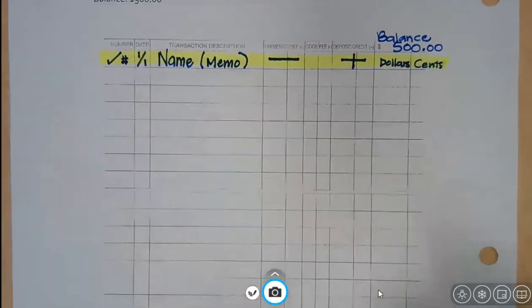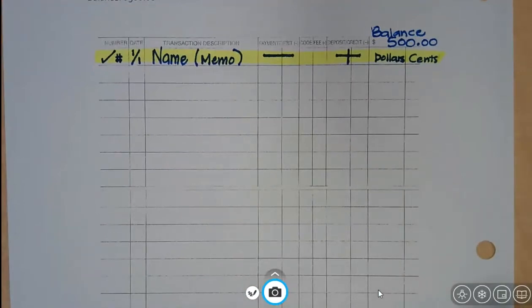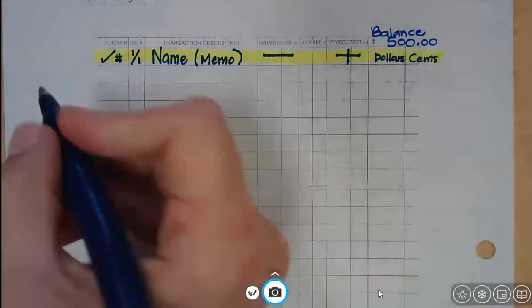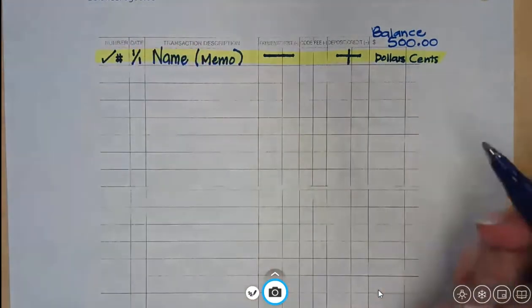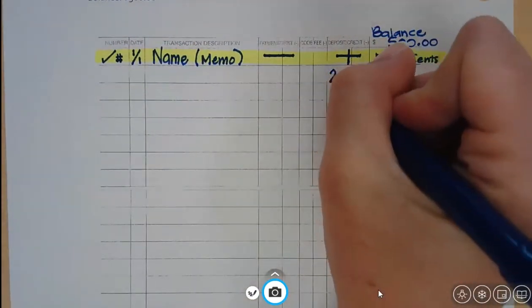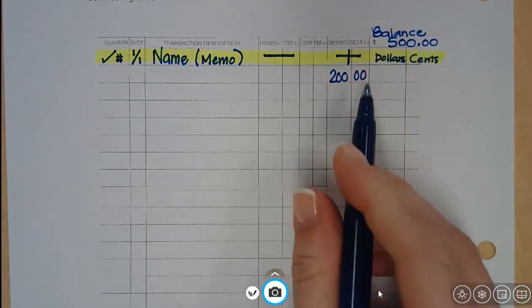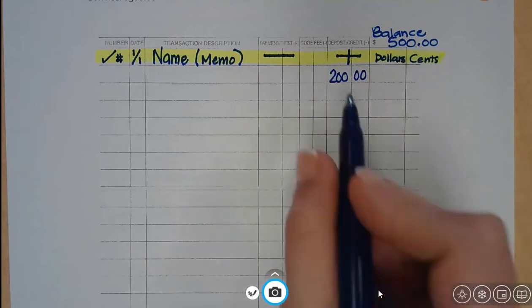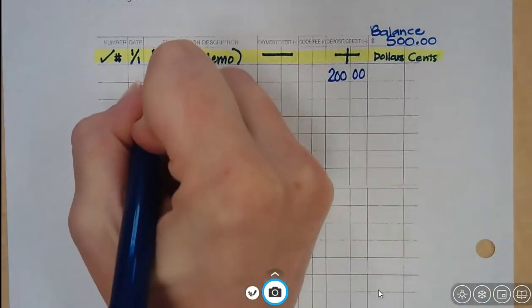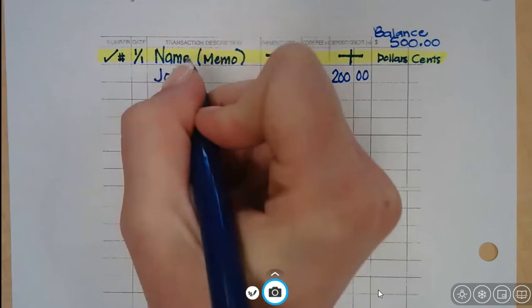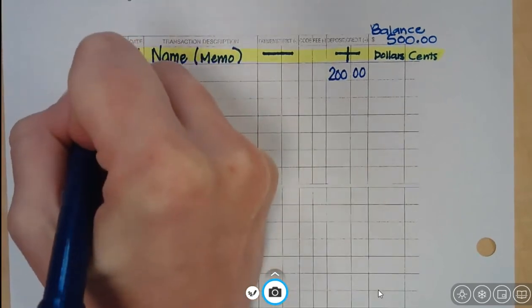Right now I'm going to say that you worked a job and you earned $200. That would be money that you put into your account because you earned it, so I'm adding that to my balance. We're just going to call it job, and this is a deposit.